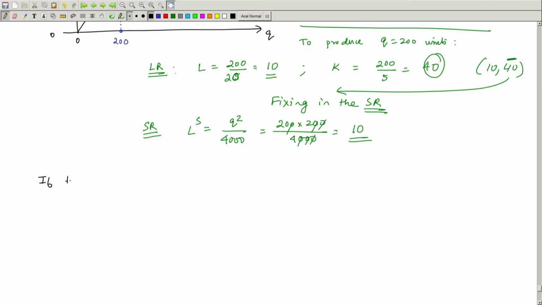If the short run amount of capital is exactly equal to the long run optimal choice, right.